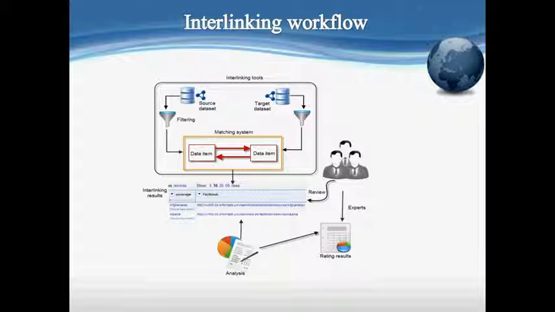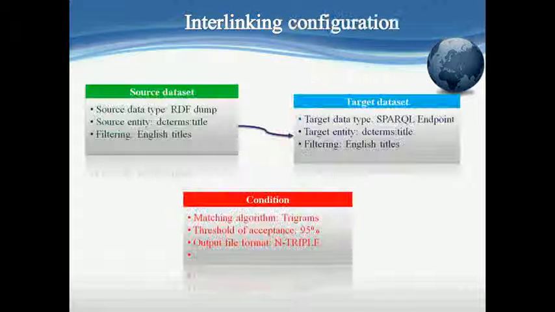For example, say the left side, this term is the same as this link on the right side. And this result can be reviewed and revised by the human experts, and they can say that, okay, the result is good or not, or can be analyzed by some systems or some programming language. You can analyze your data afterwards. So this is the whole workflow that interlinking tools follow.